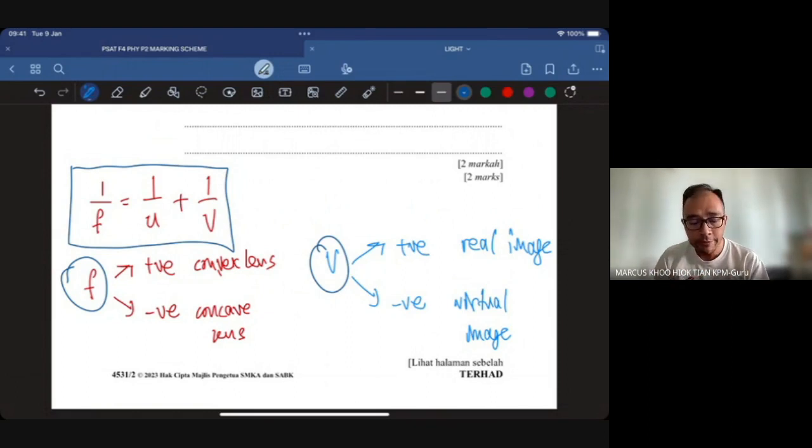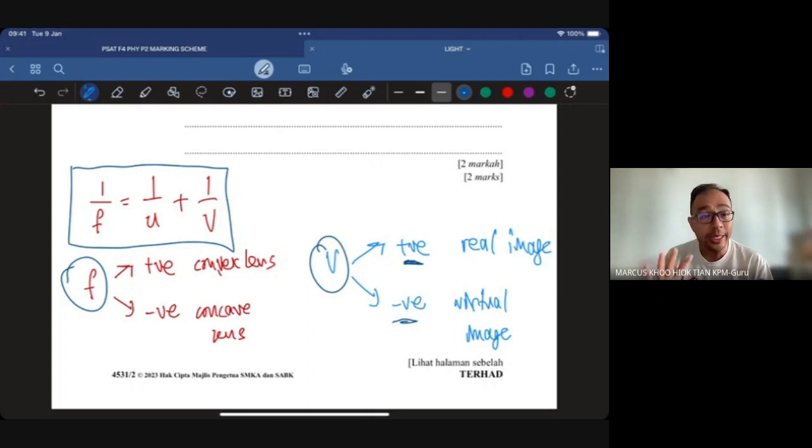Same thing, if your V is a positive value, then the image is a real image. If you find that the V is a negative value, don't panic. A negative value for V just means that it is a virtual image. We covered this very briefly at the beginning of this year.